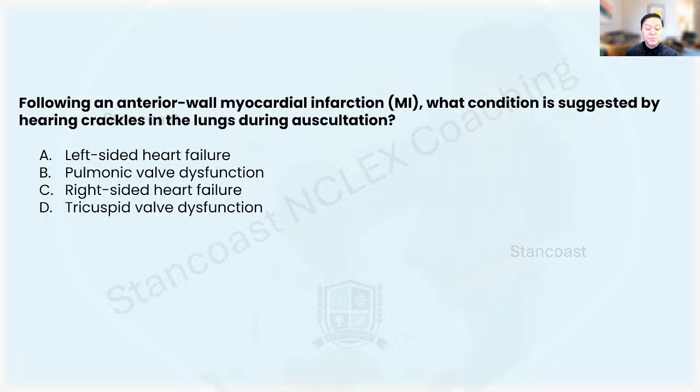Or B, pulmonic valve dysfunction? Or C, right-sided heart failure? And lastly, D, tricuspid valve dysfunction. What do you think about this question? Again, our options here: left-sided heart failure, pulmonic valve dysfunction, right-sided heart failure, tricuspid valve dysfunction.